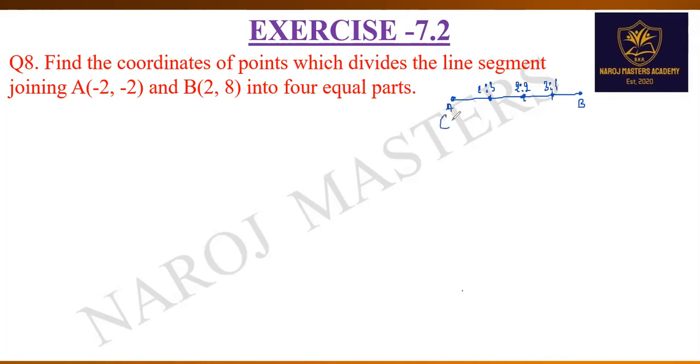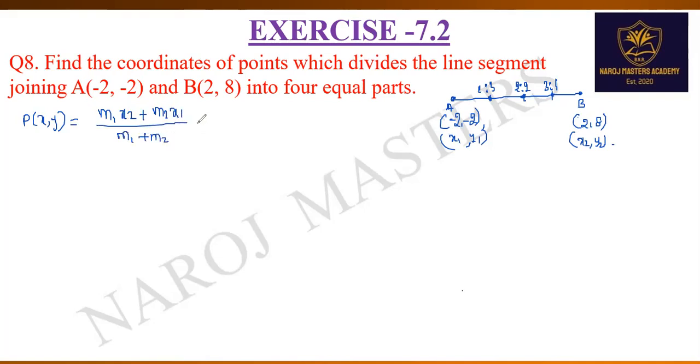And the coordinates are minus 2 comma minus 2 and 2 comma 8. So this is x1 comma y1 and this is x2 comma y2. Substitute in this formula. P of x comma y is equal to m1 x2 plus m2 x1 by m1 plus m2, comma m1 y2 plus m2 y1 by m1 plus m2.